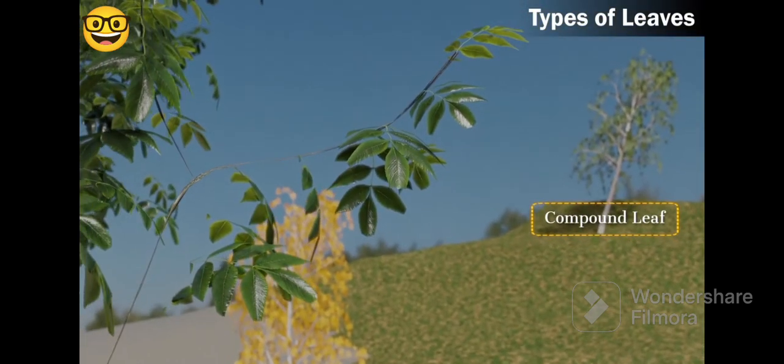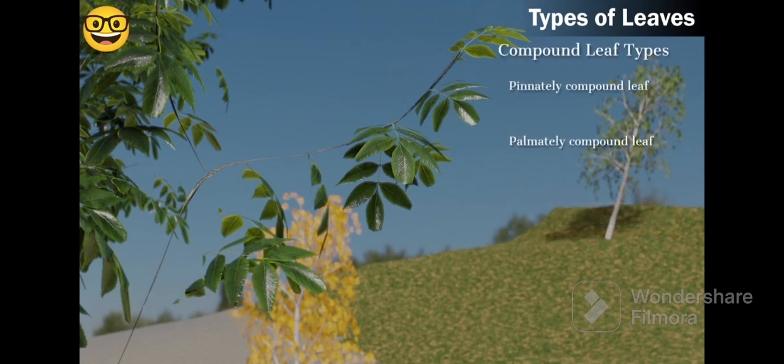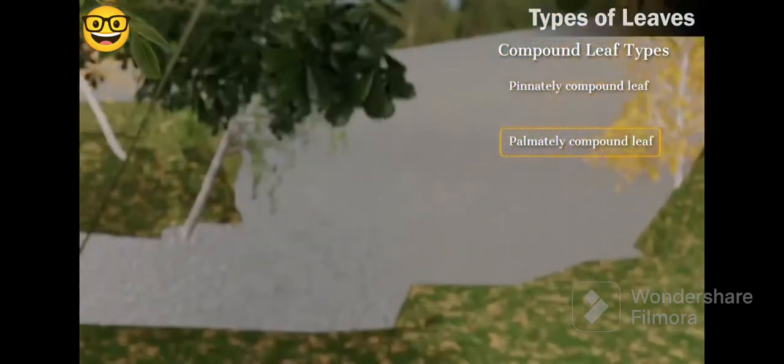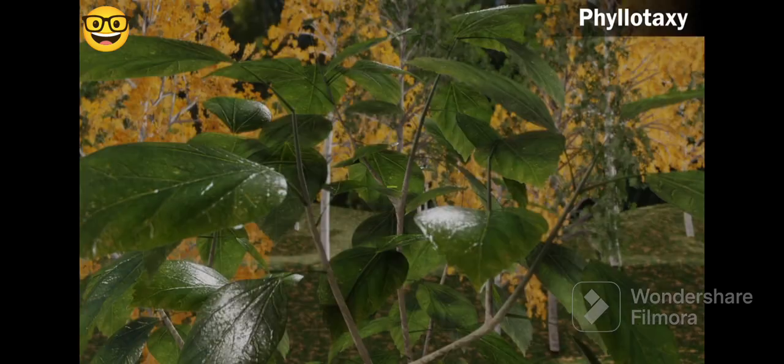When the incisions of the lamina reach up to the midrib, breaking it into a number of leaflets, the leaf is called compound. Compound leaves are of 2 types. These are A. Pinnately compound leaf, for example, neem. B. Palmately compound leaf, for example, Bombax.